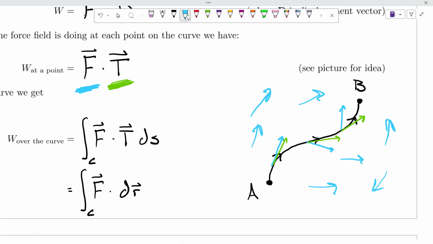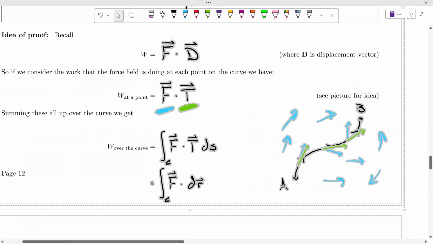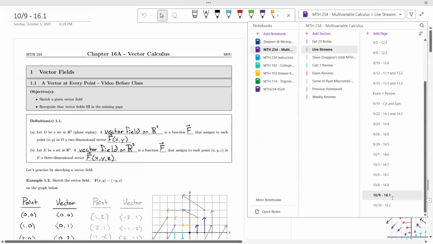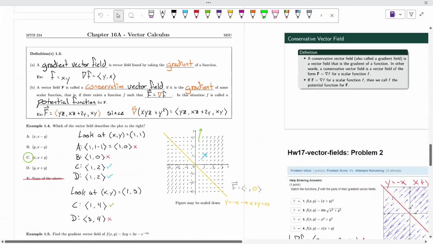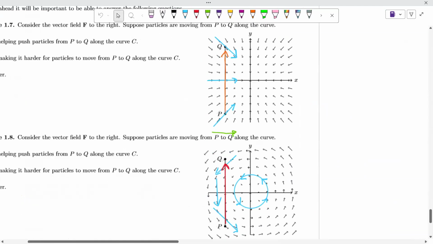I'm looking at summing up a whole bunch of these dot products as I go through to figure out my work formula. And here is the spot where I do want to call back to the previous lesson, which was 16.1, that very last page when we were trying to convince ourselves that the force would be acting in certain directions.